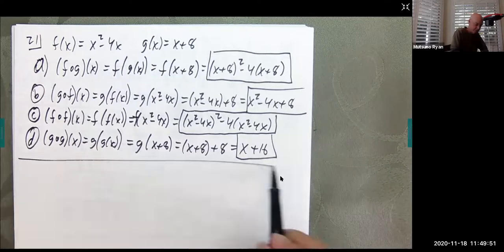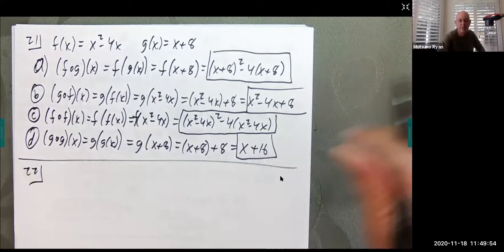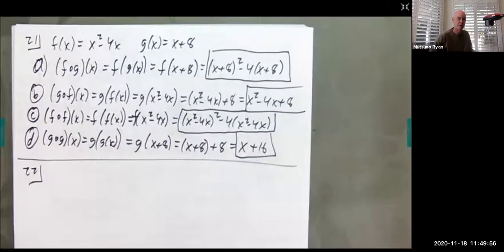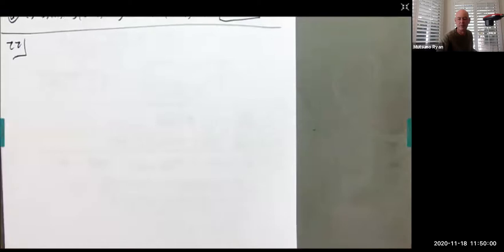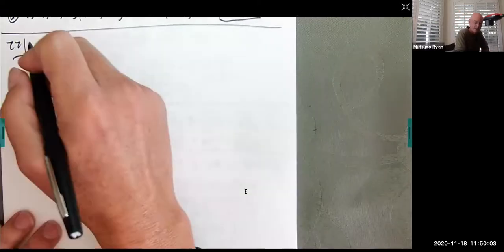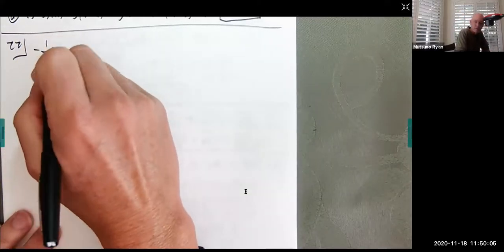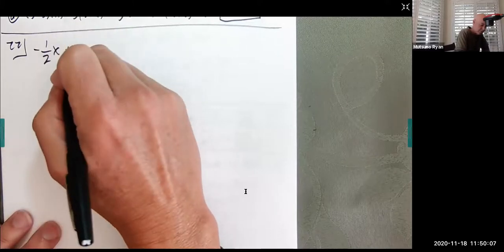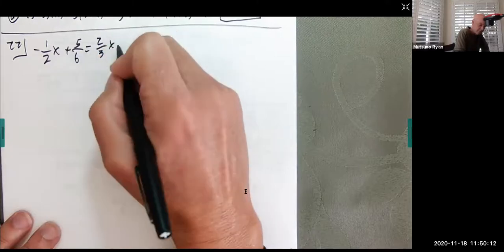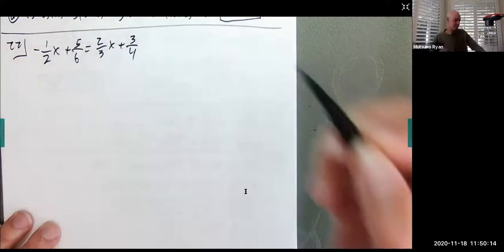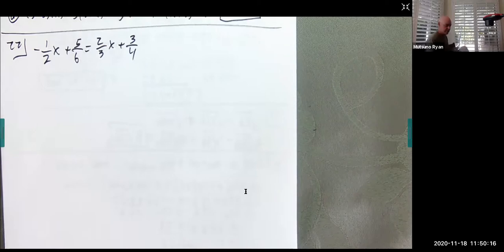Number 22. We have a relatively simple linear equation. And I'm looking at 12 as a common denominator here.